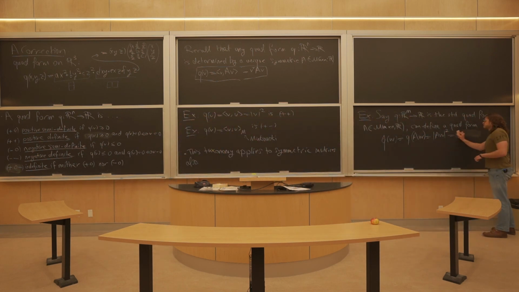Think of it like this. AV norm squared is the inner product of AV with itself. Now what is this? This is this transpose times this. And then distributing that transpose into these components, I can send the transpose of this to the other side.